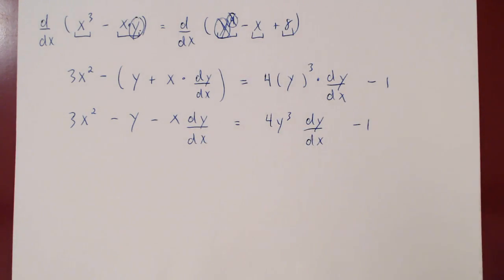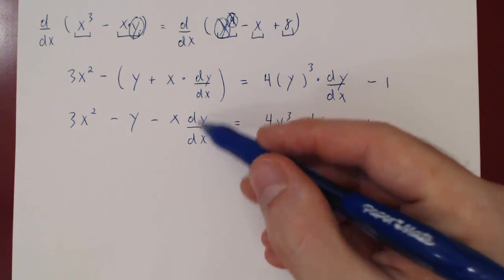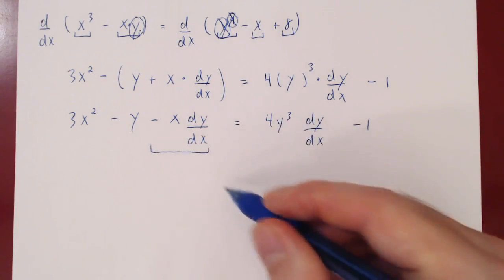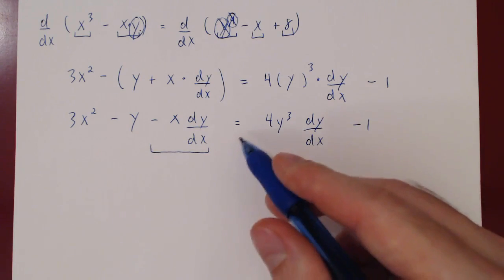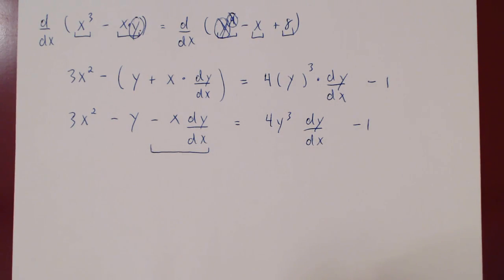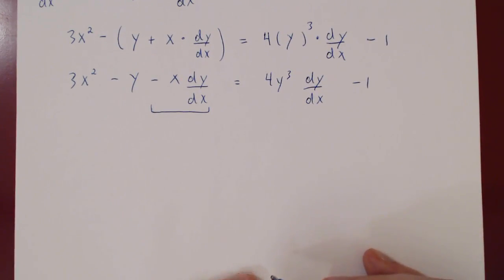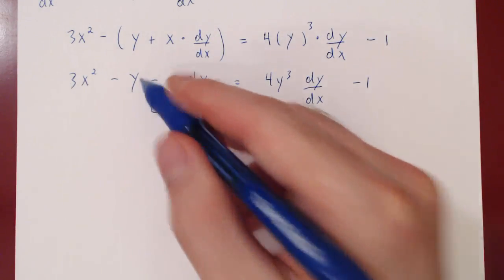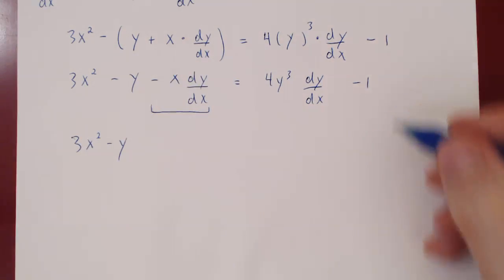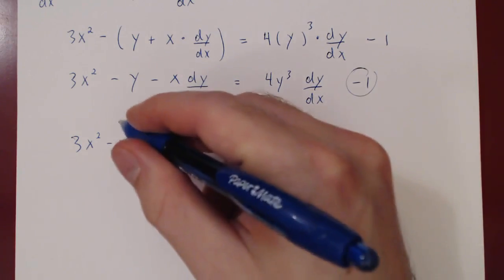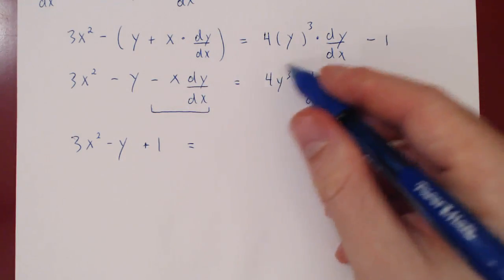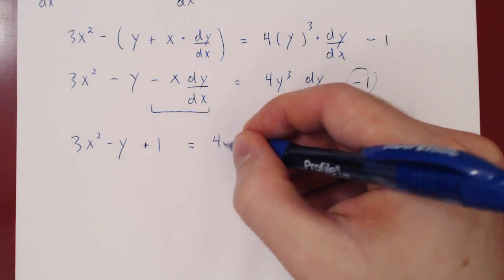on the right, you have to put all the terms that are multiples of dy over dx on the same side. So what we'll do is we'll send this term on the left-hand side of the equality, and we'll send the negative 1 onto the left-hand side. So what will that give us? Well, we keep the 3x squared minus y on this side. We send the negative 1 onto the left-hand side, becomes a positive 1, equals 4y cubed dy over dx.